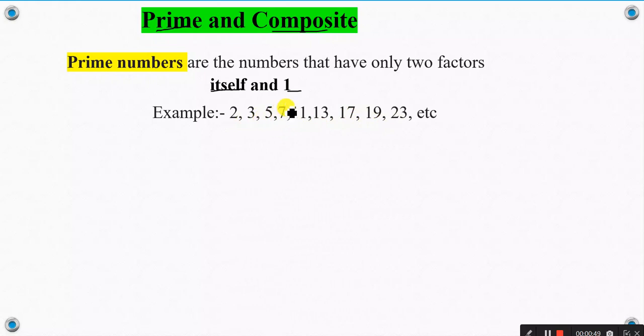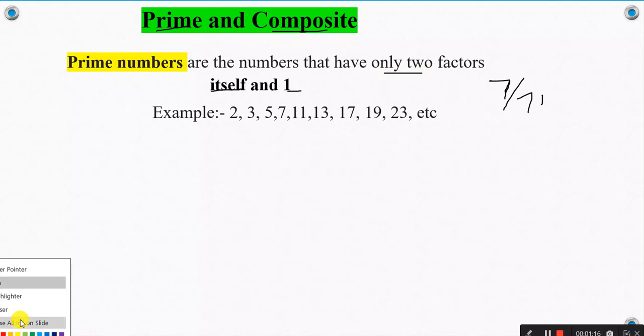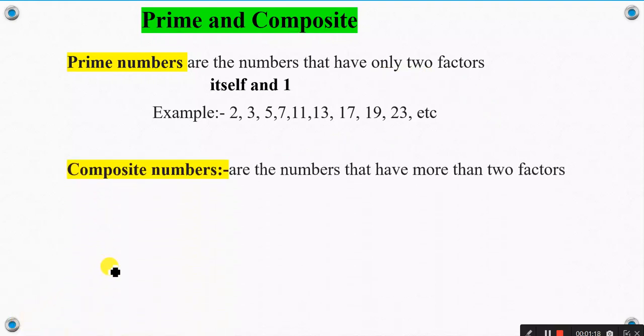Because, for example, if you see the number 7, it is divided only by itself and by 1, so it has only two factors. So a prime number has only two factors, itself and the number 1. So this is all about prime numbers. We see all this by example.